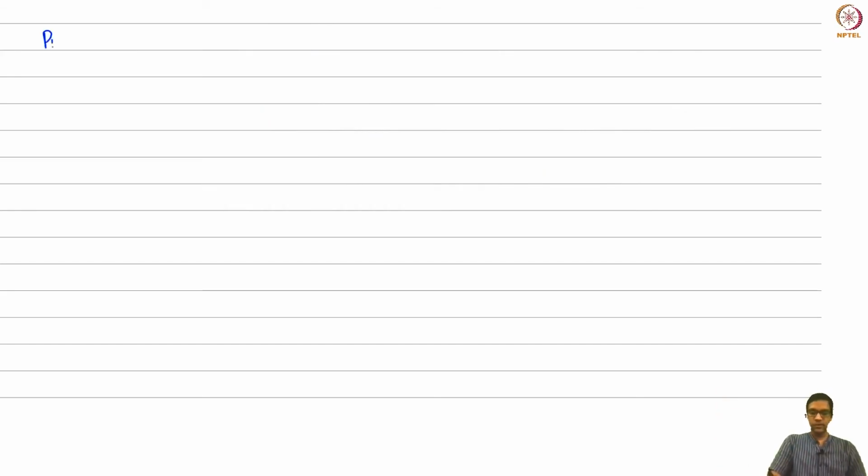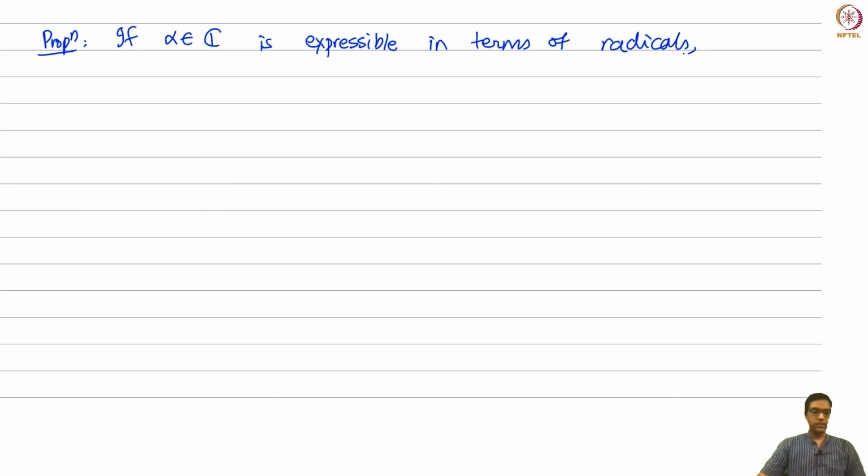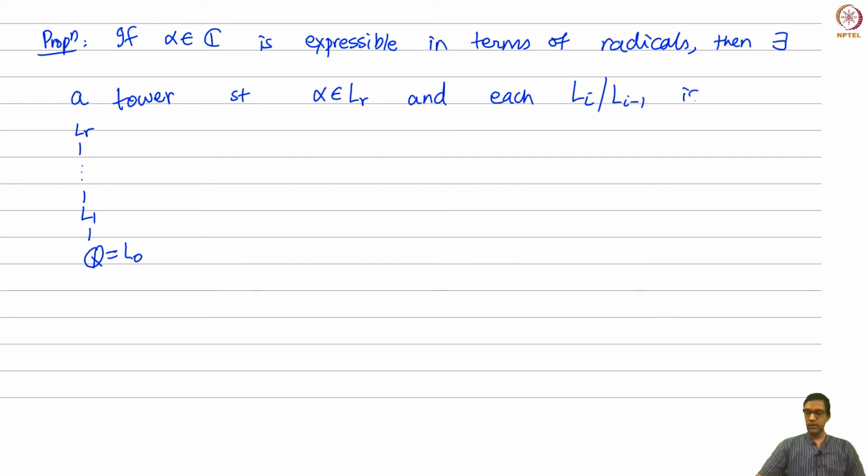So here's the proposition: if an element alpha is expressible in terms of radicals, then there exists a tower as follows: Q equals L0, L1, L2, up to Lr, such that alpha belongs to the last field Lr, and each Li over Li minus 1 is Galois with an abelian Galois group.